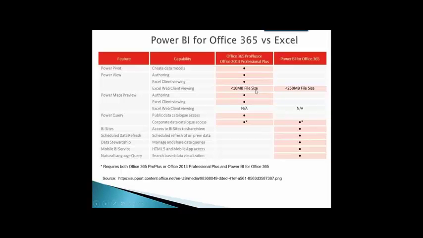You can see that the web client within a standard SharePoint site will handle an Excel file that's less than 10 meg, but on the Power BI side of things, you're able to get up into the 250 meg Excel workbook size, so it handles a lot more data.